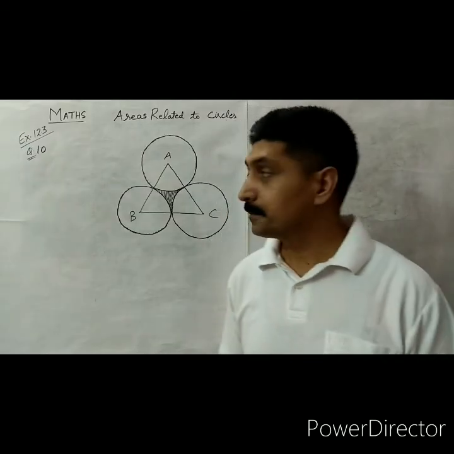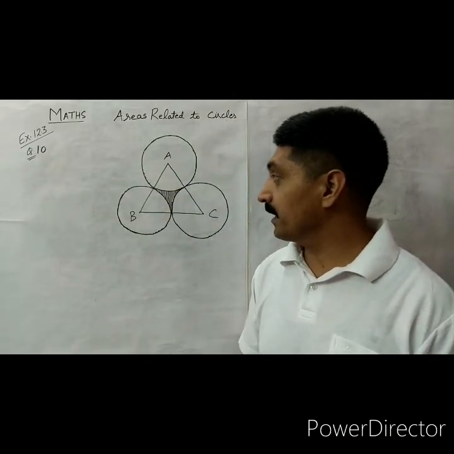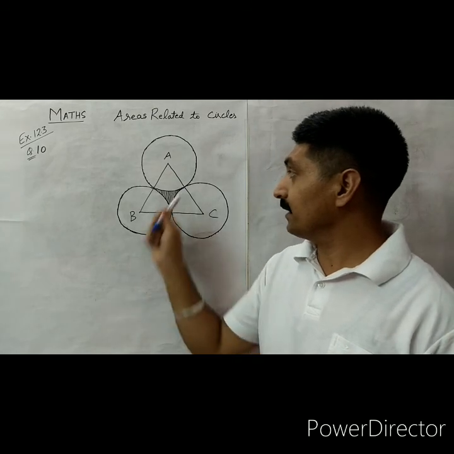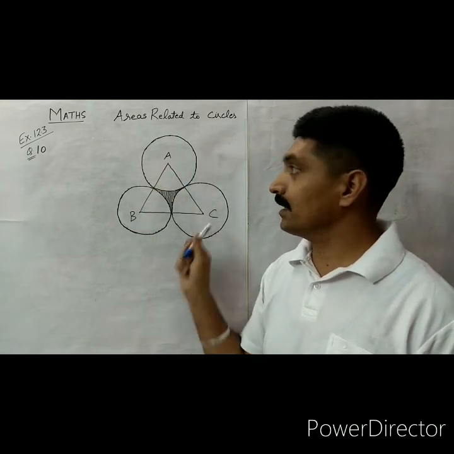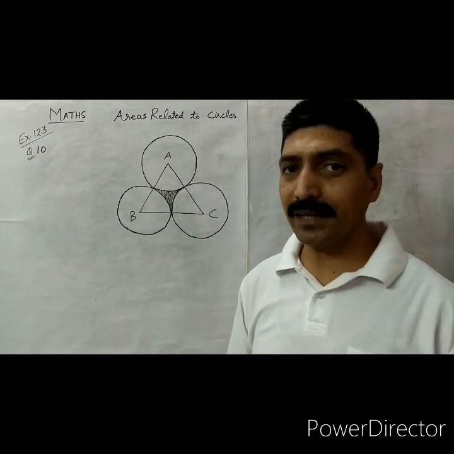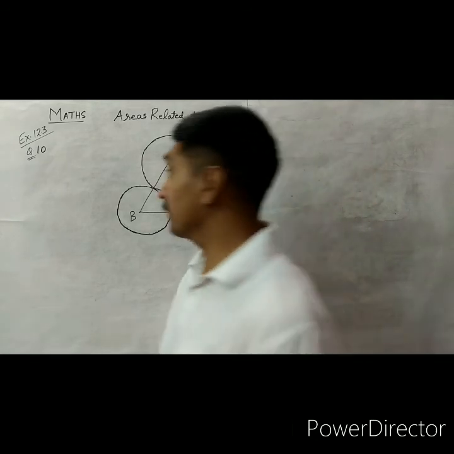Question number 10. The diagram is given here, and it is given that ABC is an equilateral triangle and its area is given.